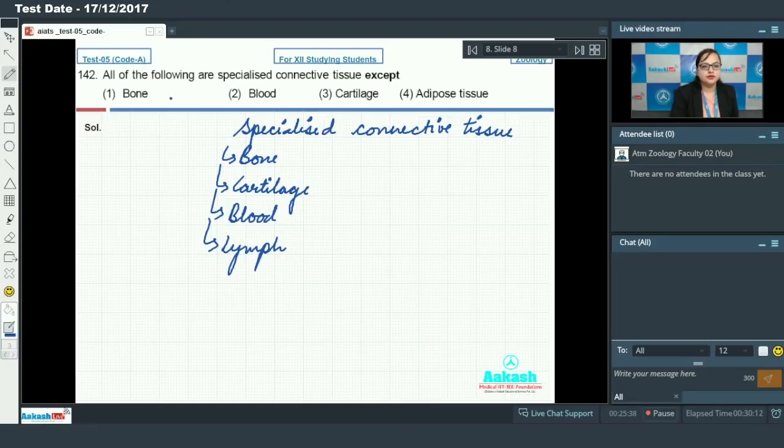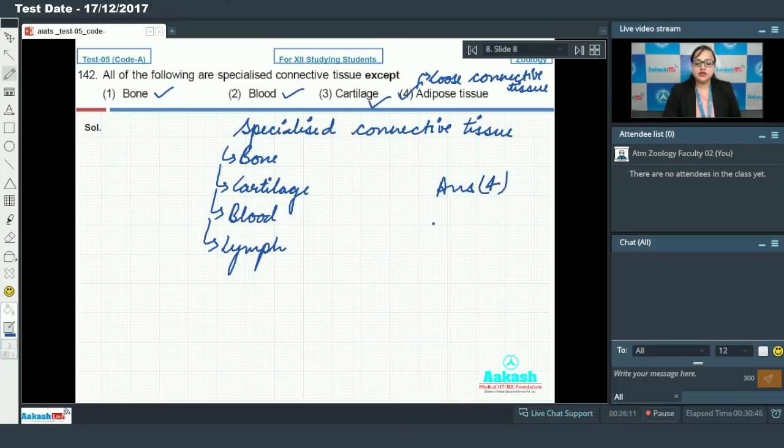So let's see our options. Bone is an example of specialized connective tissue. Blood is also an example of specialized connective tissue, and so is cartilage. But option 4, which says adipose tissue, is an example of loose connective tissue, not specialized connective tissue. So making option 4 the answer for our question.